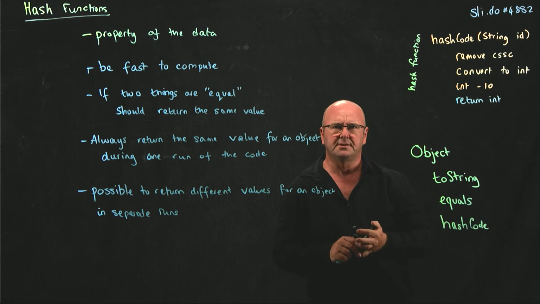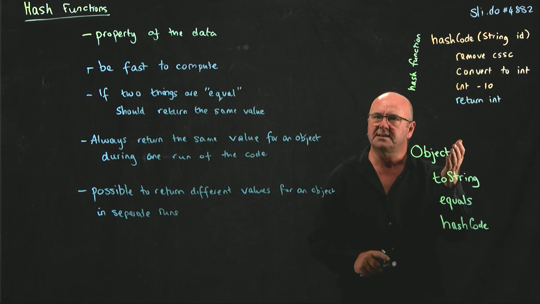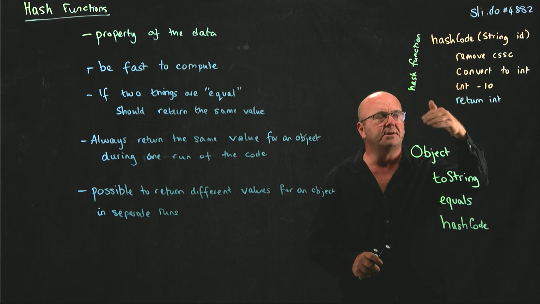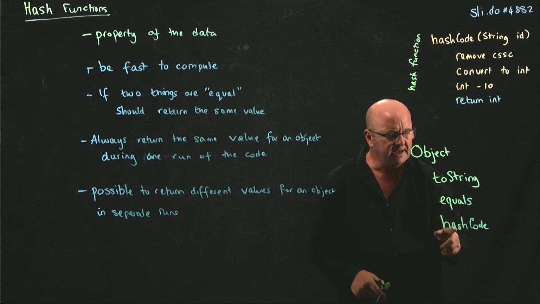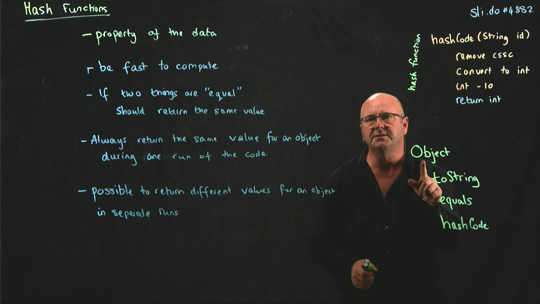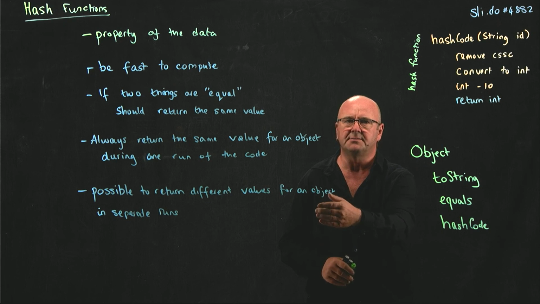Hash code, right? Because the object class has a hash code, but you overwrite it when you create your data. And the hash code that the object class uses is based on its memory location, and that's why this statement is important.